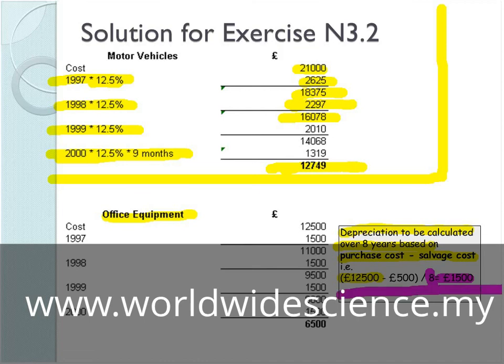How should we calculate? First, we get the cost, 12,500 minus salvage value, and divide by 8 years. And we will get the depreciation for each year, which is equal to 1,500. The salvage value, which means this is the value of any assets that have been used.